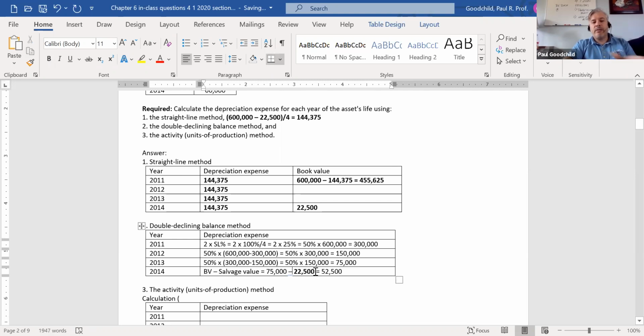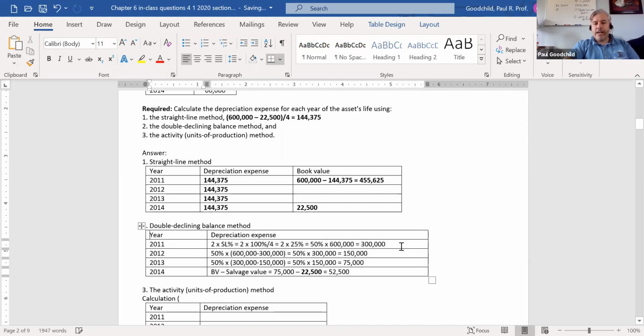So we've gone through these 3 years and we have this book value here of 75,000, but at the end of the year, we want it to be that. So we have to take 52,500 in depreciation expense. So hopefully that answers.